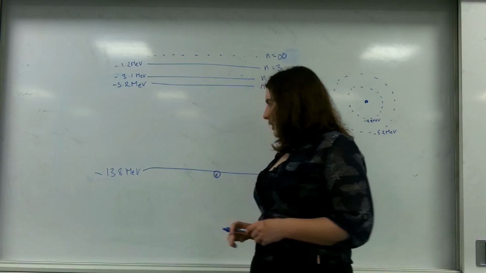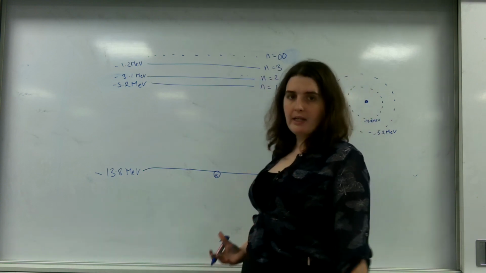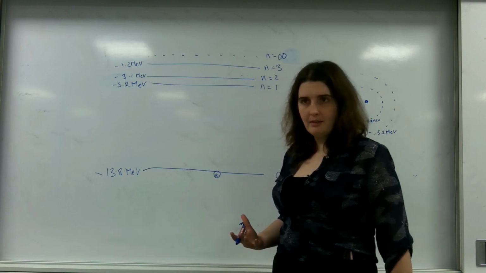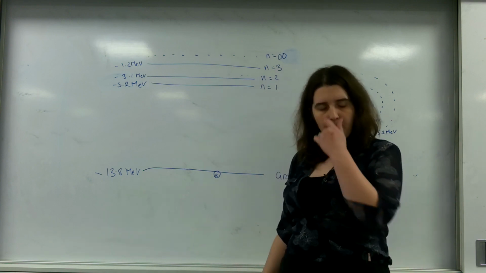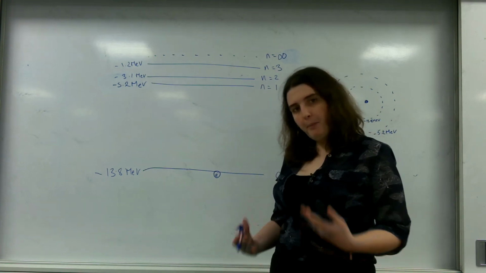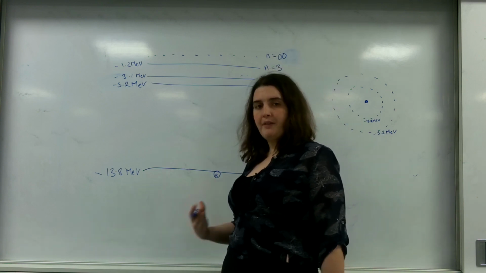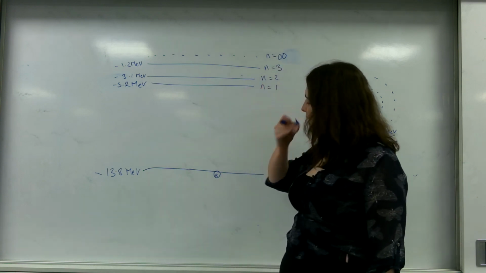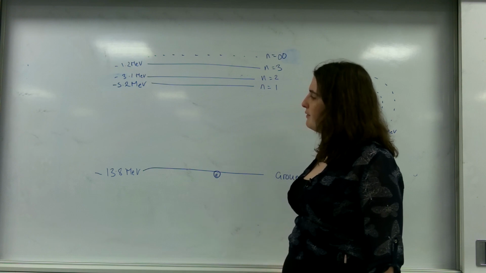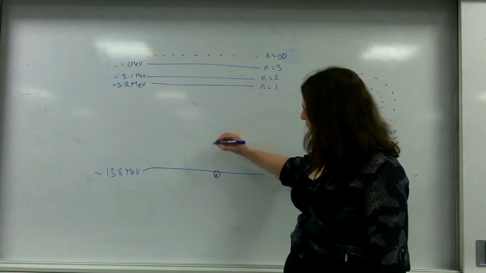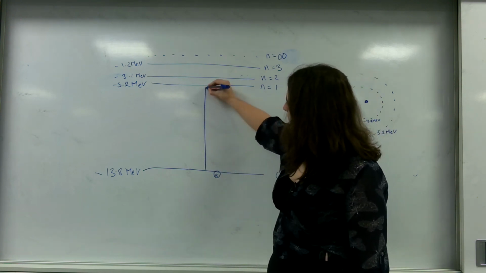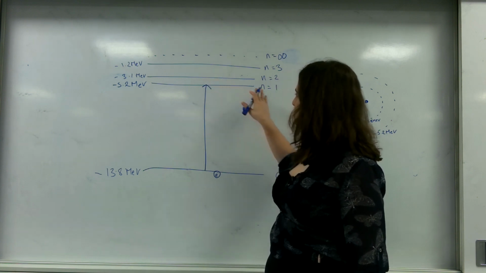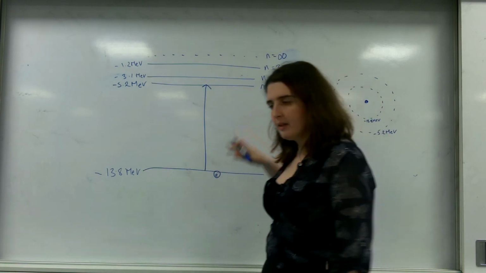Now, sometimes when you try to ionize an electron, you don't quite give it enough energy to ionize. But you might give it enough energy to go to another energy level. And up here, maybe we're going to give our element enough energy to go from here all the way up to n equals 1.